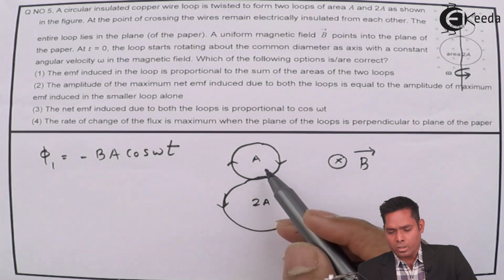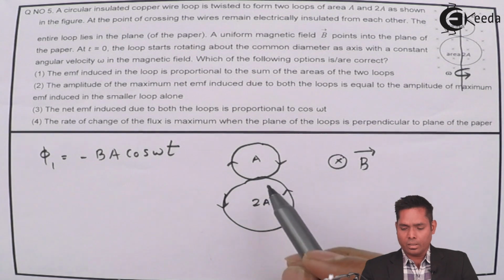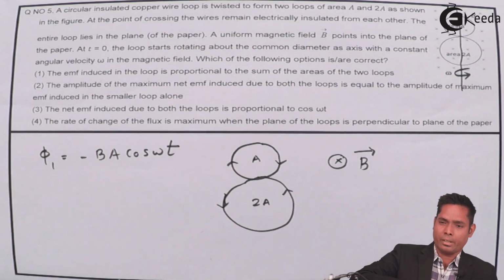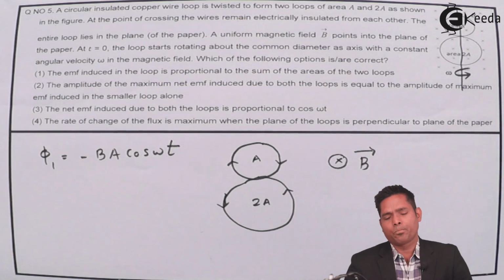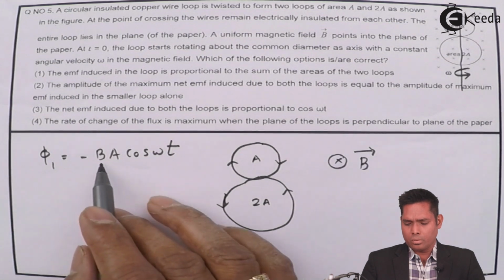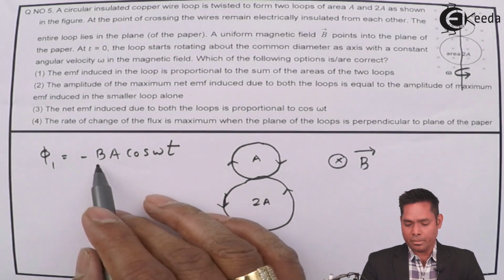I can consider this as anti-clockwise and this as clockwise. If the area vector is like that and B is that way, then the dot product is negative.